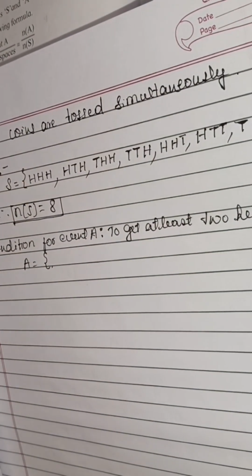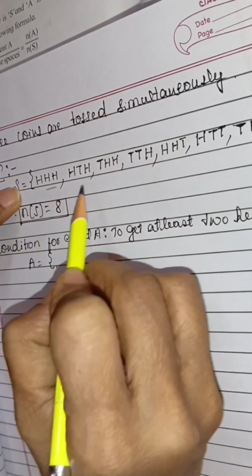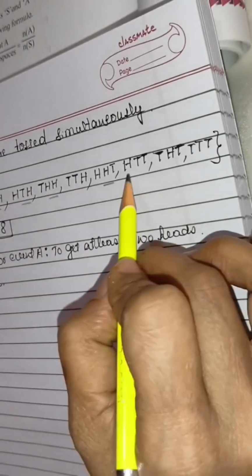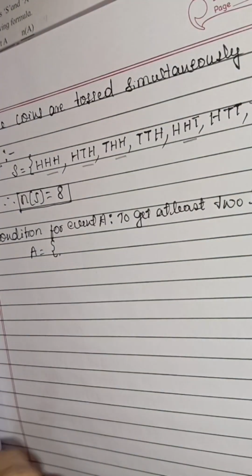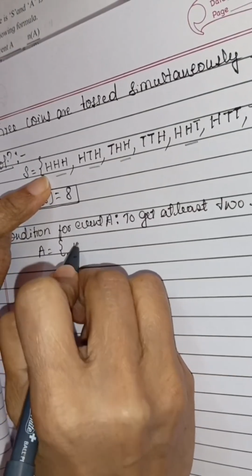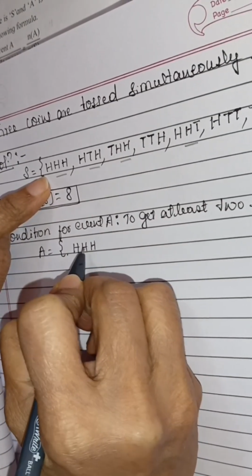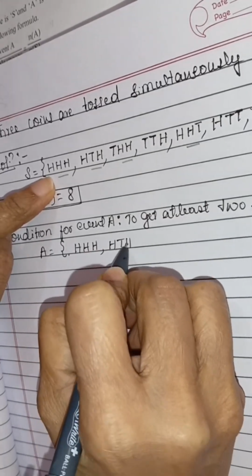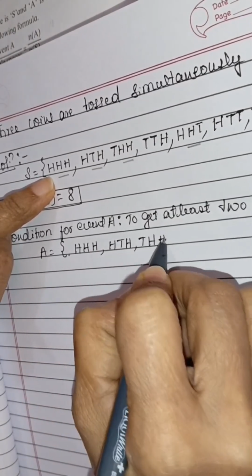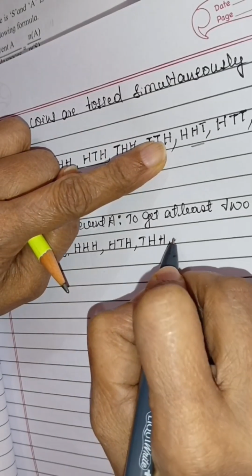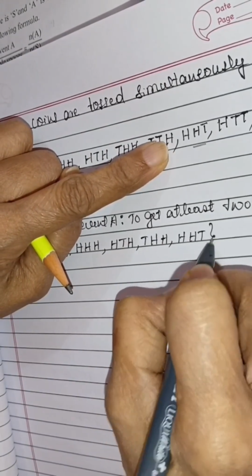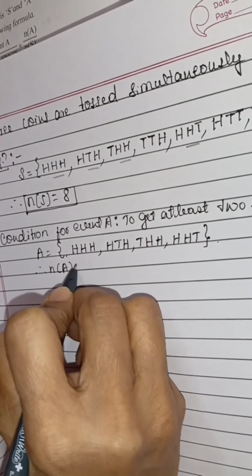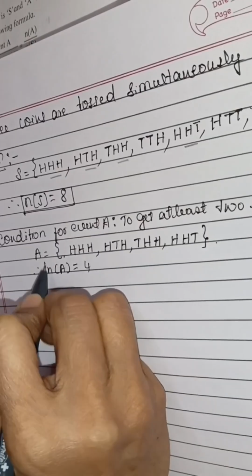At least 2 heads means not this, only this much, only 4. So write HHH, HTH, THH, HHT. Therefore N of A is 4.